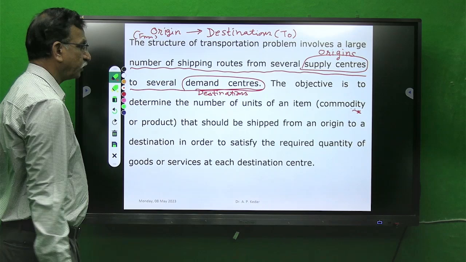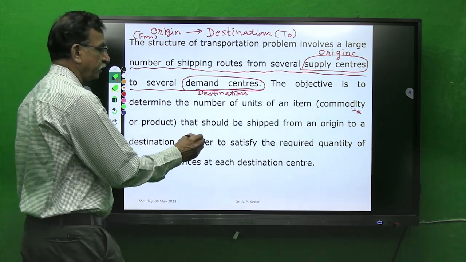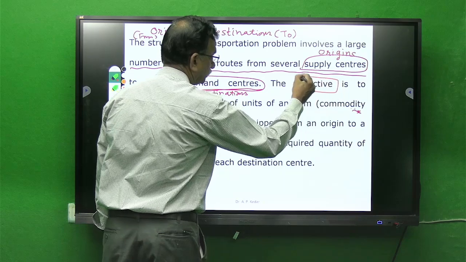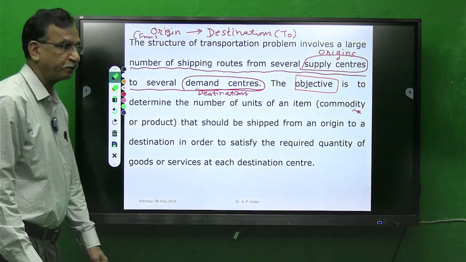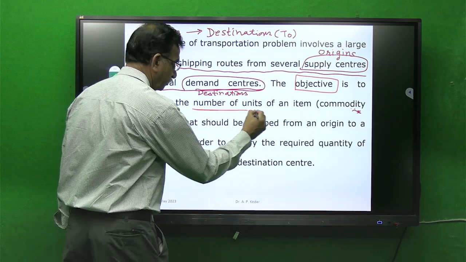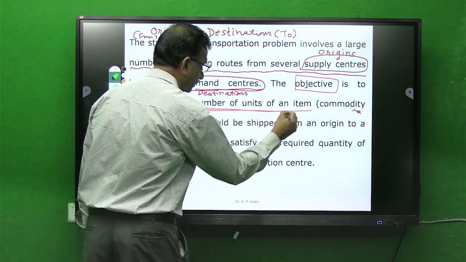The objective is to determine, now see the theme, the number of units of items. This is very important.